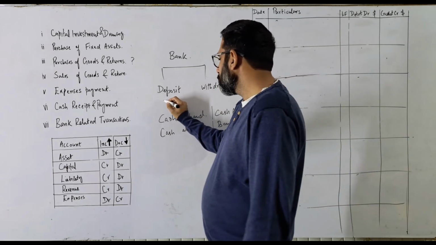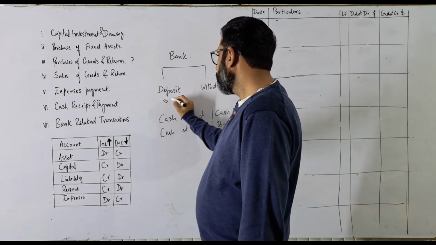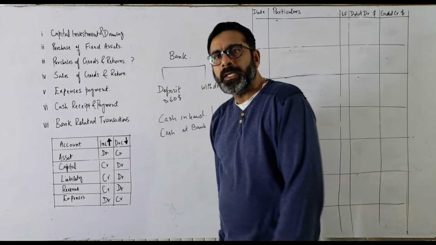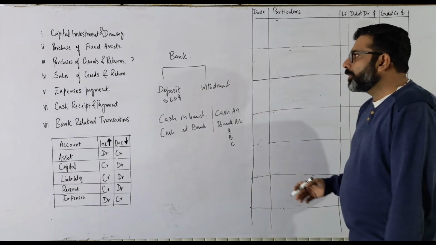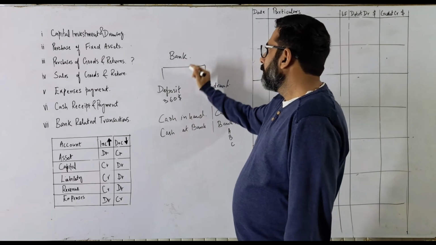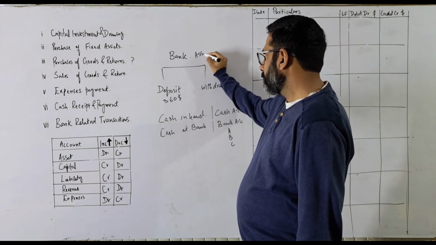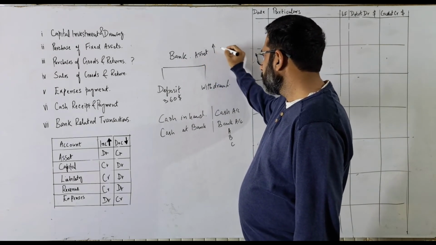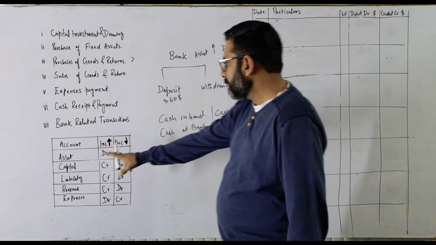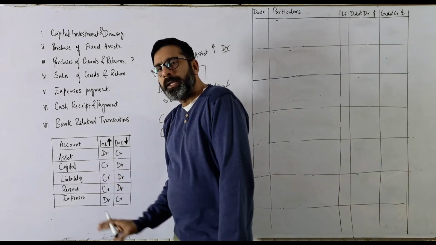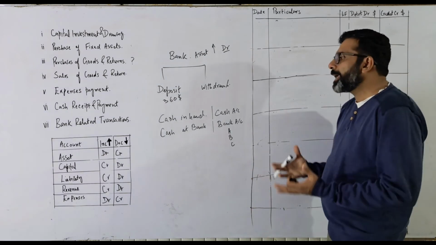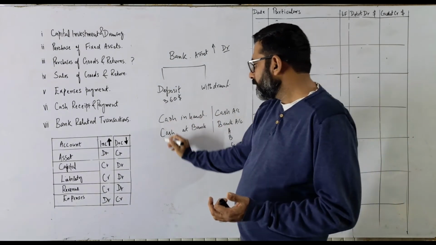Let's say they have deposited $360 into the bank account. Now, the bank account is an asset and the asset is increasing, and an asset increase is always a debit. Now, what they are depositing, they have cash with them, cash in hand.